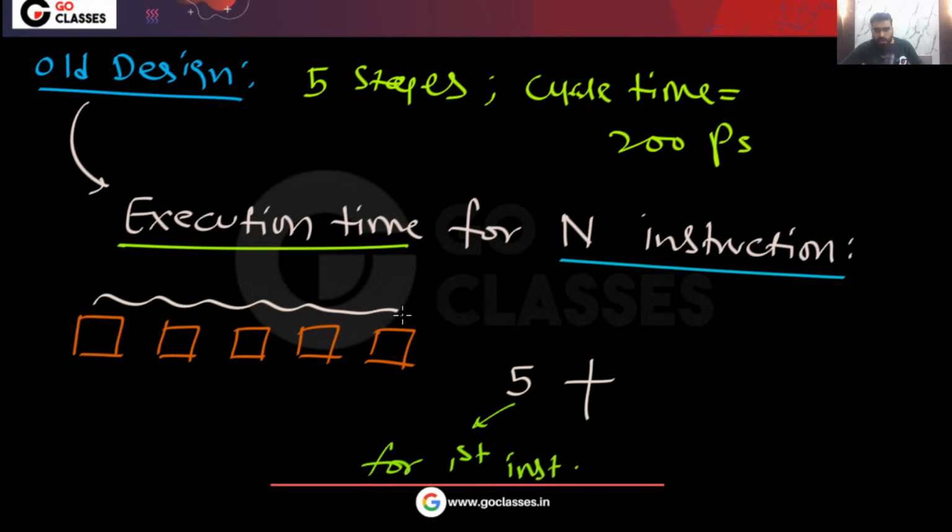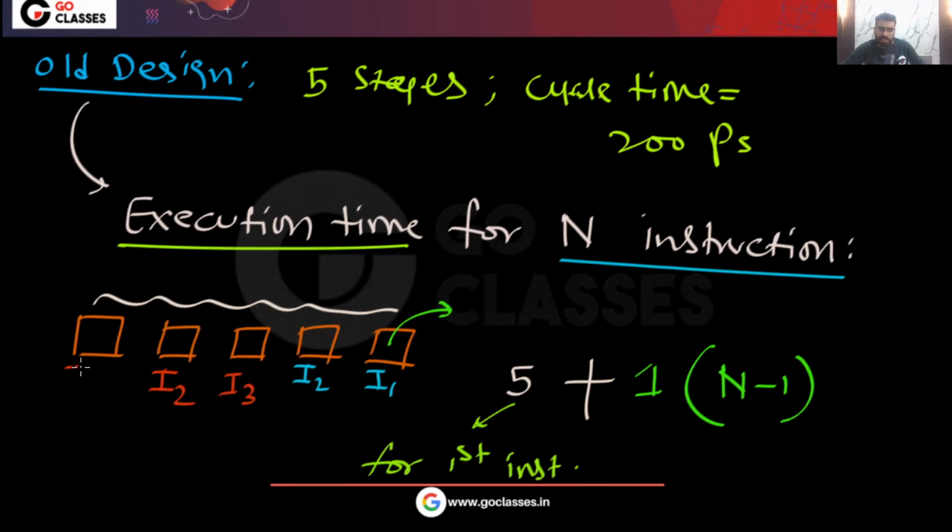Now notice that when the first instruction is in one stage, the second instruction is in the previous stage. After the first instruction completes, the second instruction takes only 1 more cycle. The first instruction takes 5 cycles, but all the remaining instructions take only 1 cycle each, because when I1 is in the 5th stage, I2 is in the 4th, I3 in the 3rd, I4 in the 2nd, and I5 in the 1st.